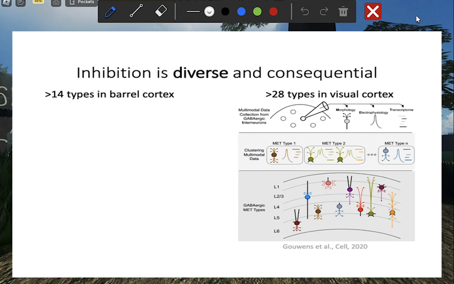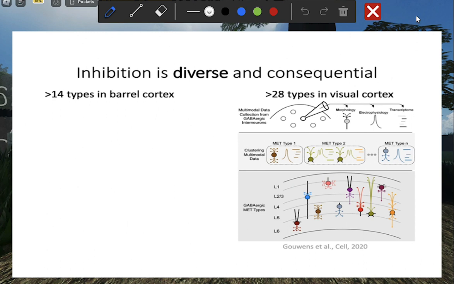We call this distinction Dale's law, and it's actually broken slightly in some cases. There are some neurons that send out a mixture of inhibitory and excitatory signals, but it's very rare. In general, Dale's principle holds throughout the brain.